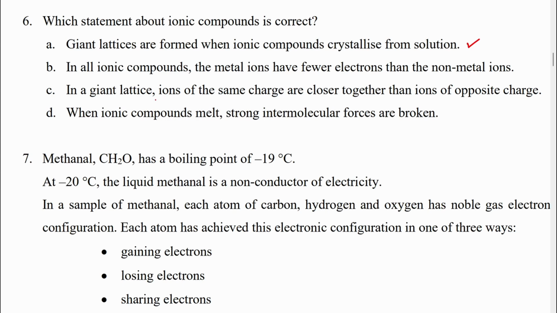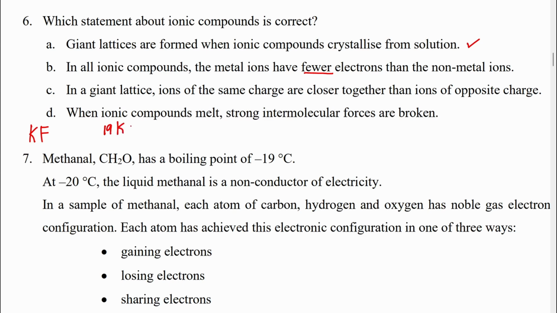Now option B. In all ionic compounds, the metal ions have fewer electrons than the non-metal ions. Is this correct? Not really. Let's take one example, potassium fluoride. So potassium here is the metal and fluorine is the non-metal. What is the atomic number for potassium? 19, right?